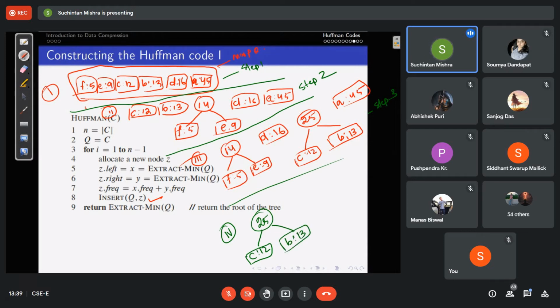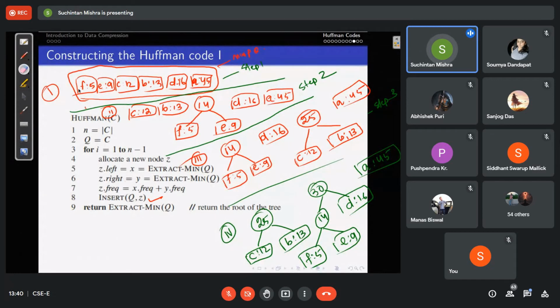Next one will be 14 plus 16, which is 30. 30's left child will be 14. 30's right child will be D16. The left child of 14 is again F5, E9. And we have A45. This is step 4, iteration 4.